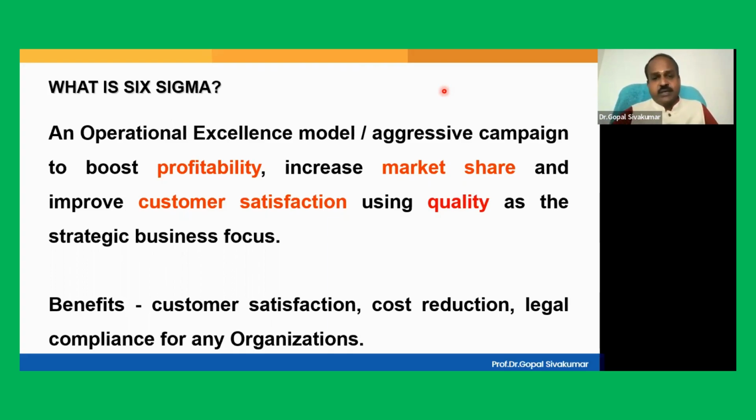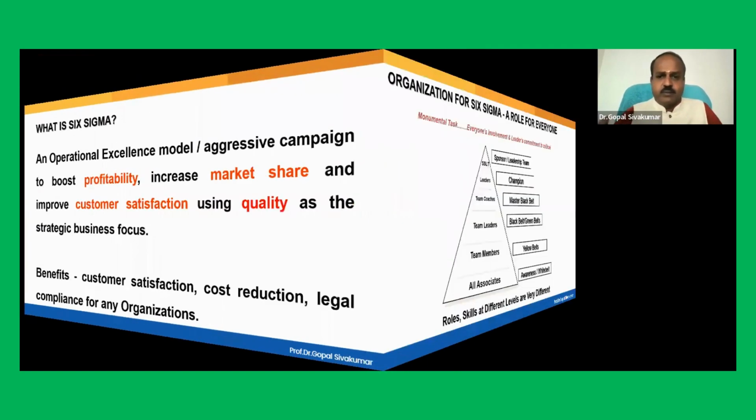Such a drive towards attaining the long-term goals of the top management is known as operational excellence. Ultimately, it will boost profitability, increase market share, and improve customer satisfaction. The strategic focus is on quality, right? And the benefits are customer satisfaction, cost reduction, legal compliance, and everything will automatically be set right.